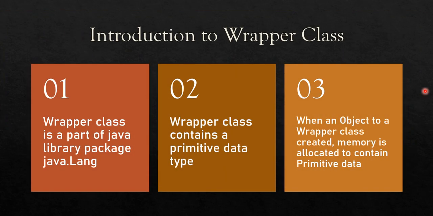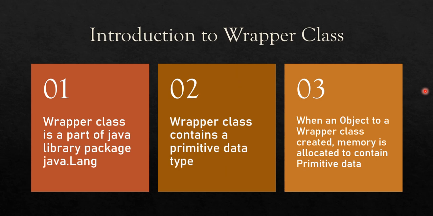First, we are going to see what a wrapper class is. A wrapper class is a part of the Java library package java.lang. You have already seen a lot of packages available. The default package which is included in the Java program is java.lang. So the wrapper class, like other classes, is available in this java.lang package.